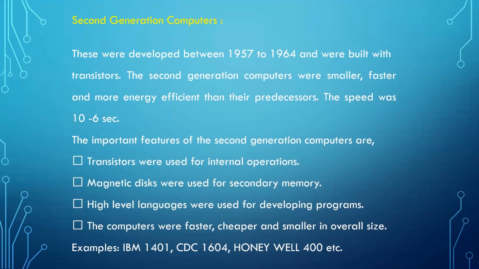Initially it was IBMC, when in the history of computers, the first generation of computers was developed by IBMC only. It means International Business Machines Corporation in the beginning, but now it is presently only IBM, that is International Business Machines. And the series 1401, then CDC 1604, then Honeywell 400. These are the examples of second generation computers.